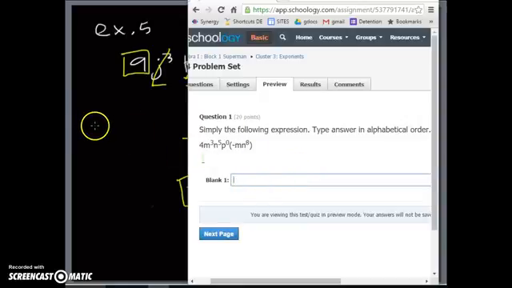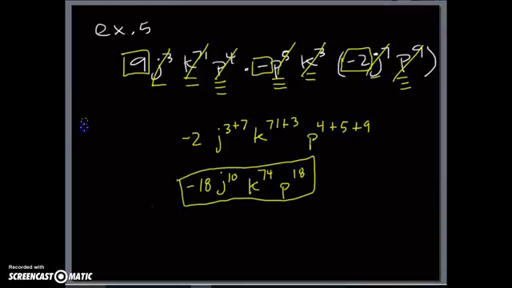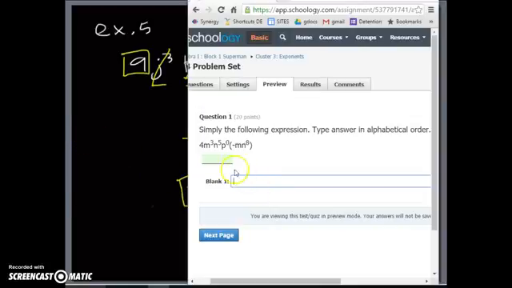So when I look at this, I've got a constant of 4, and I've got a negative. I've got m, and n, and p. So I'm going to do my constants first because that's going to come in the front. So I've got 4 times a negative, which is a negative 4.